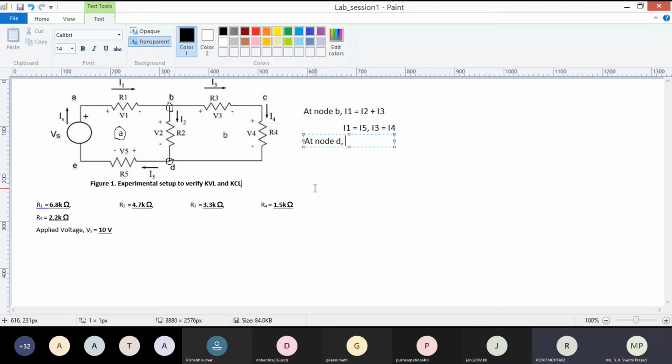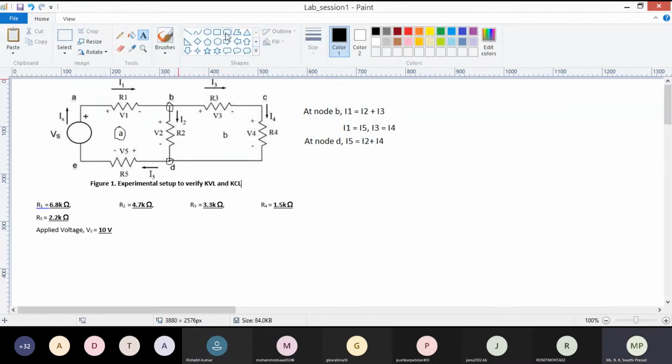Yes. So I5 is equal to I2 plus I4. Correct. Anyone having any doubts? No, ma'am. Okay.